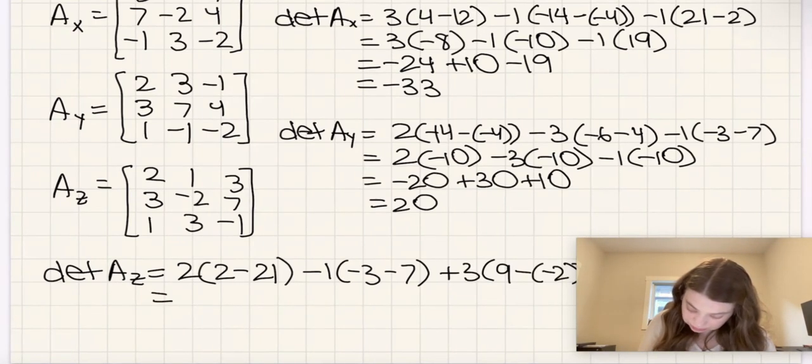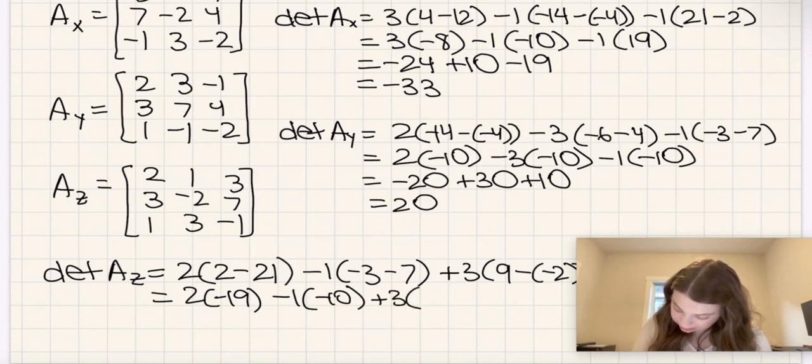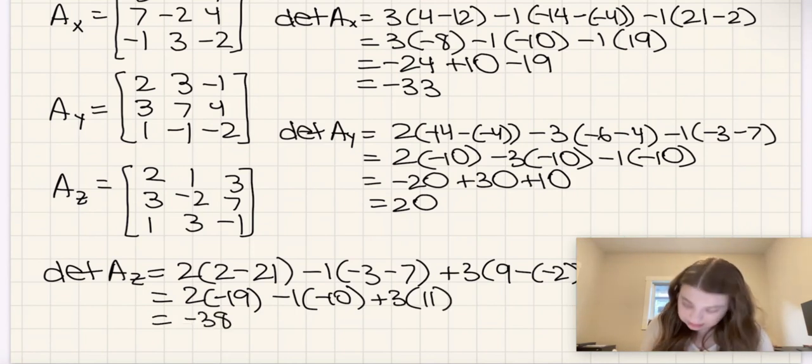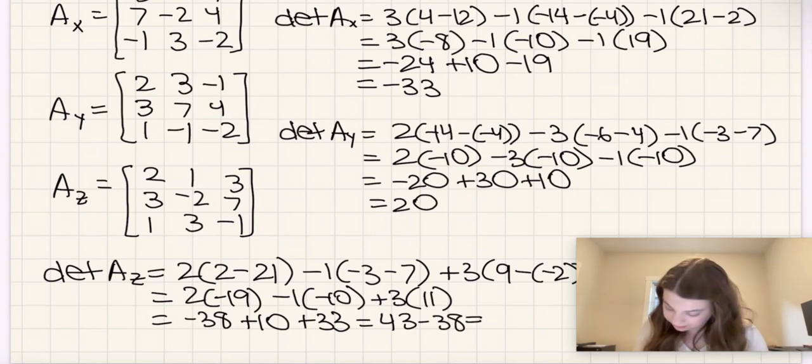So then we're going to get 2 times negative 19, minus 1 times negative 10, plus 3 times 11. So that's going to be negative 38, plus 10 plus 33. So that's going to be the same as 43 minus 38. And that is going to be 5.